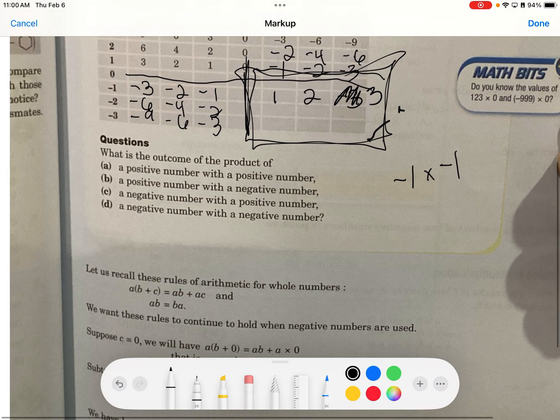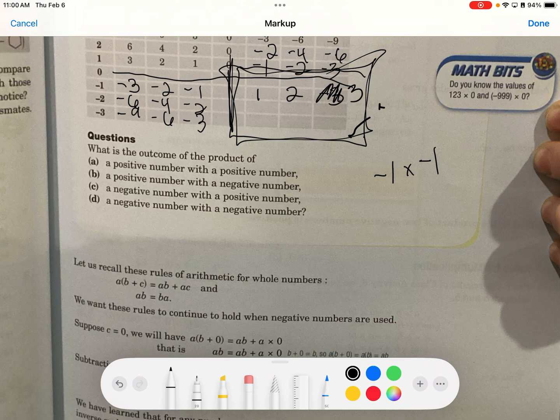So if we think through this: positive times positive is positive, negative times negative is positive, and negative times positive is negative. So when it's crossed, if you multiply a positive and a negative, it's going to be negative. But if you multiply two of the same sign, it's always going to be positive. So if you have negative times positive, we're always going to get a negative.